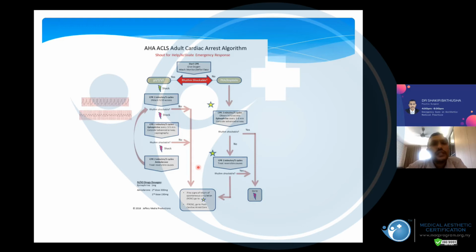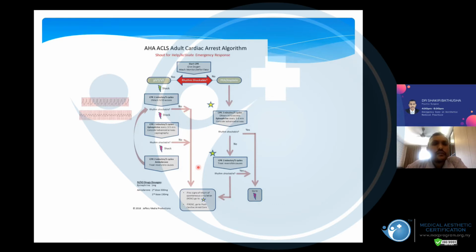Okay, there are only 2 shockable rhythms, which are pulseless ventricular tachycardia or ventricular fibrillation. Okay, a flat line or asystole is not an indication for shocking the patient. If you have a tracing of a shockable rhythm, which could be either pulseless VT or VF, you shock the patient based on the joules which have been recommended with the AED device.